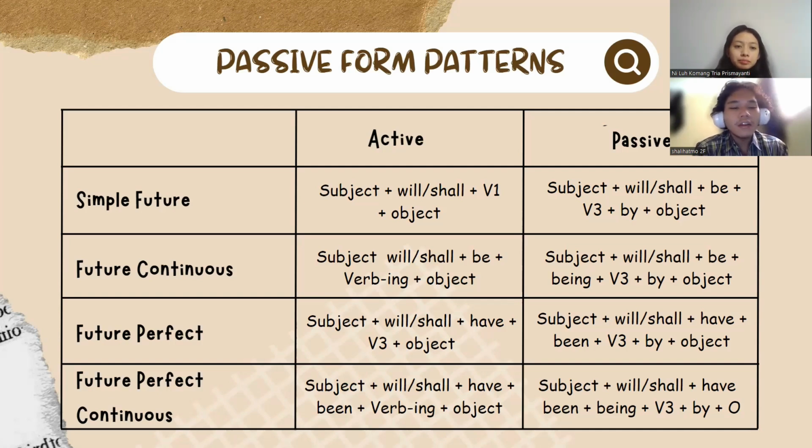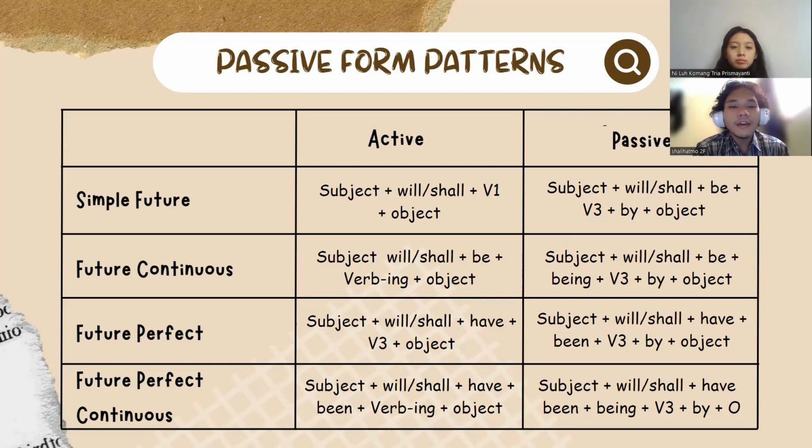And future continuous, the active is subject plus will or shall plus be plus verb ing plus object. And passive, subject plus will or shall plus be plus being plus verb 3 plus by plus object.